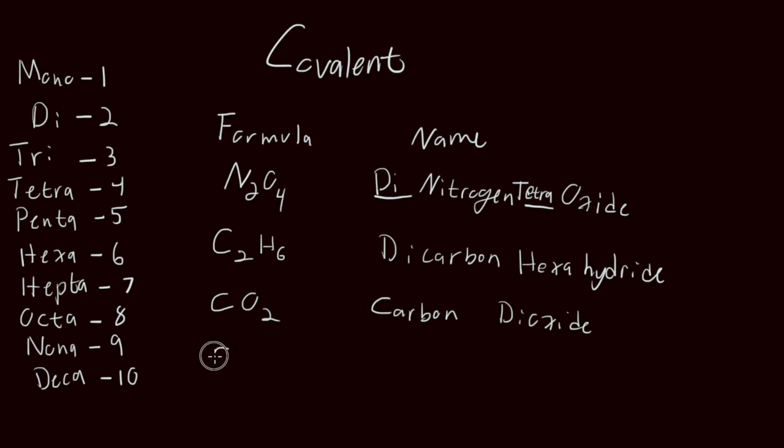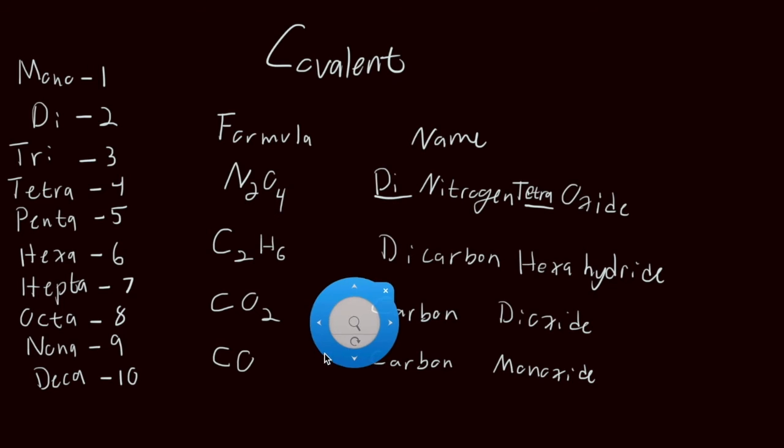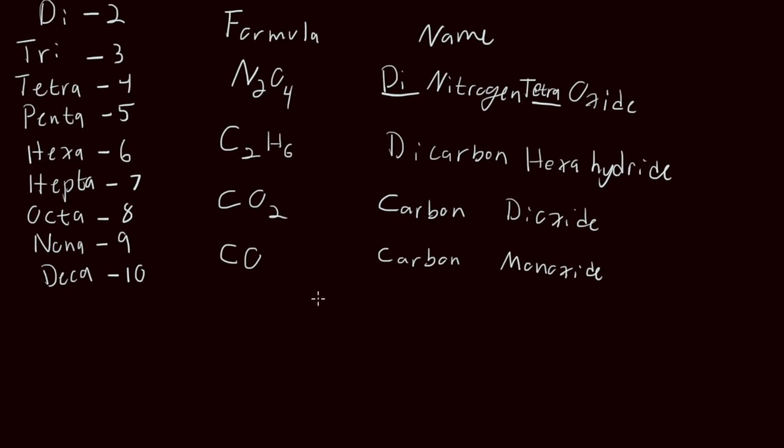But if I have CO, carbon, and 1 oxygen, then it's still carbon. I'm going to drop the mono from my first word, but it's going to be monoxide. I'm still going to include the mono on my second element. So this isn't carbon oxide, it's carbon monoxide. It's a weird little thing that we do in chemistry. I'm not sure why.